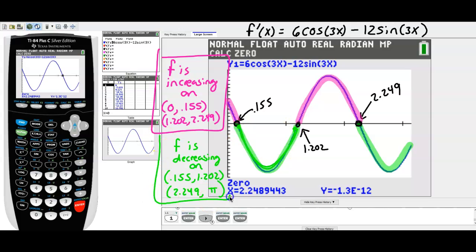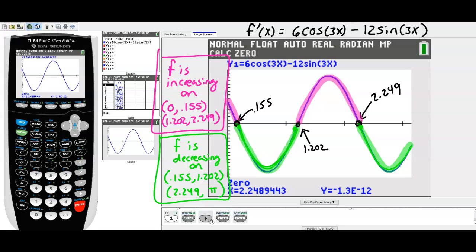So that would be your first interval. And the other interval would be from 2.49 up to the end, which our graph is supposed to stop at pi. So f is decreasing on those intervals because the derivative, the graph that we're looking at, is below the x-axis, which means that the derivative is negative, which means that the original function is decreasing on those intervals.